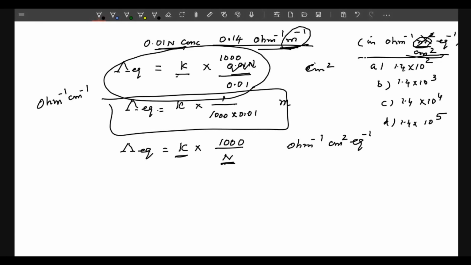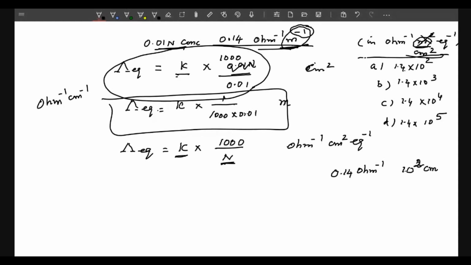How to convert this into centimeter? You can easily do this. For the time being, forget the minus 1. 1 meter is equal to 100 centimeter, which is 10 power 2 centimeter.